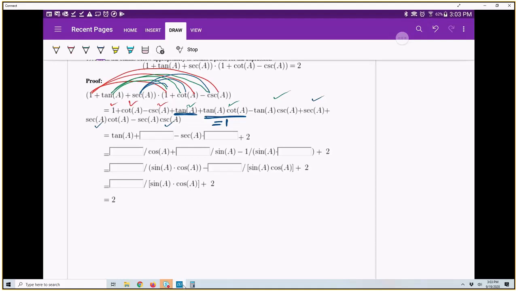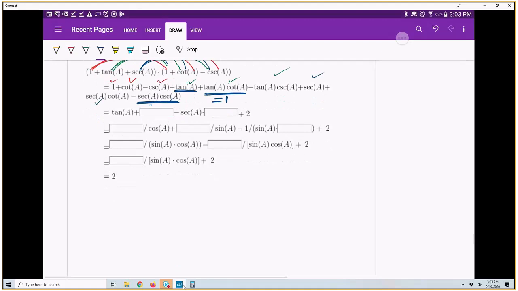Also, think about secant A times cosecant A. They are reciprocals of each other, so that must be equal to, actually they are not reciprocals of each other, I'm so sorry, that's cotangent. So let's see. One thing we can do is rewrite this one more time. Let's say 1 plus cotangent A, that's the second line, minus cosecant A plus tangent A, and then see what we get.